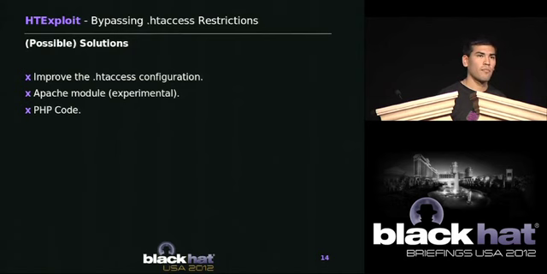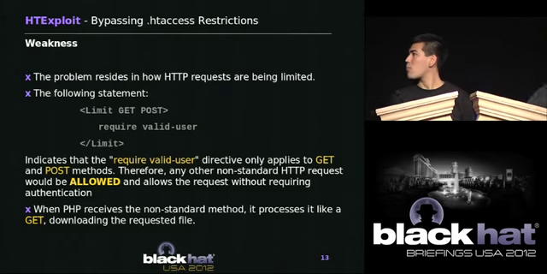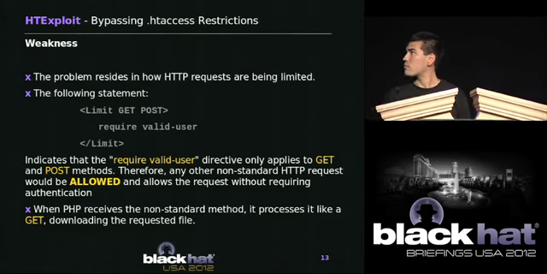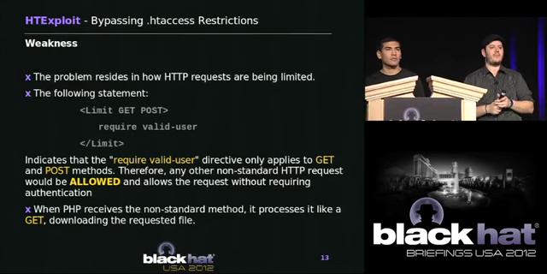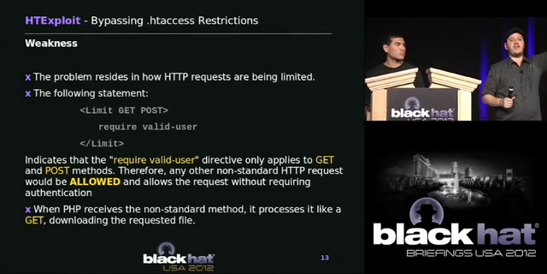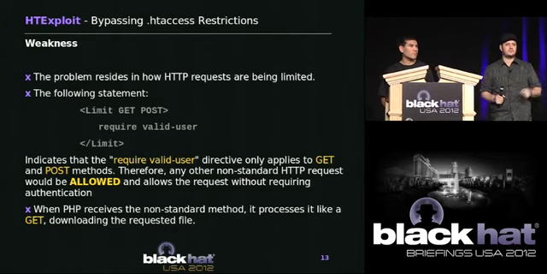And then when PHP gets a request with a method that it doesn't know, it treats it like a get. So you bypass the require valid user because you're using neither get nor post. So it doesn't require a valid user for those limits. Apache sends it along directly, and when PHP gets it, it treats it like a get. And you get the files.